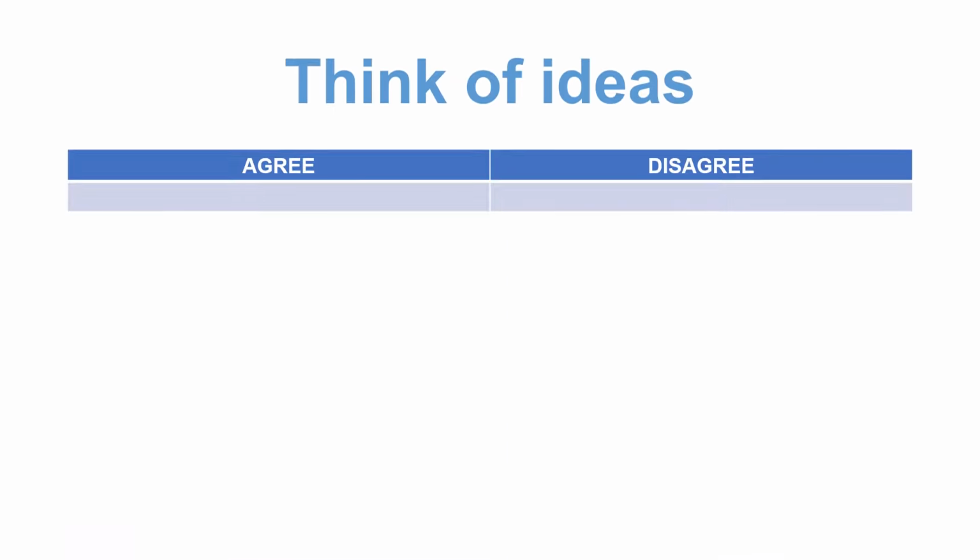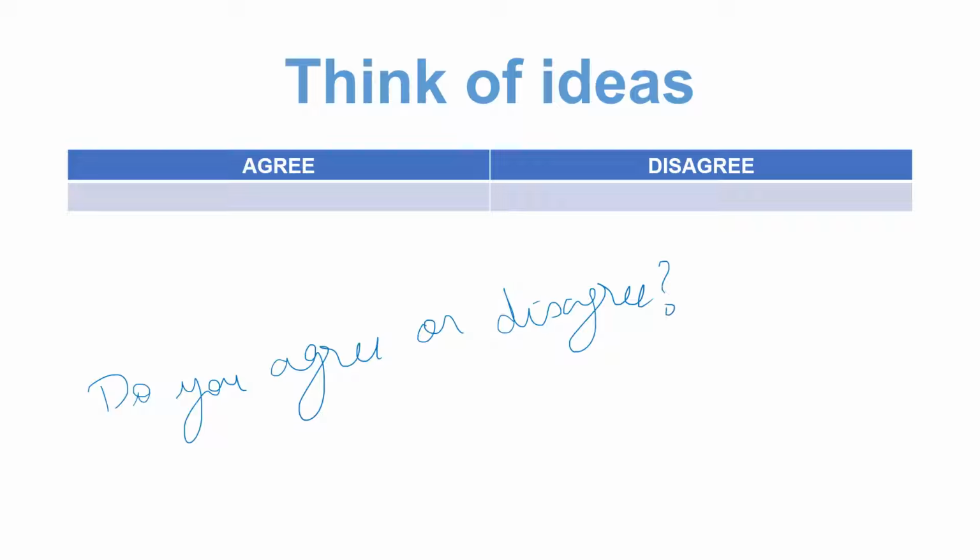Now, first, what you have to do is think of ideas. So I will give you some time so you can pause the video and think of ideas. And obviously, if the question is, let me write here, the instruction words were saying, do you agree or disagree, right?